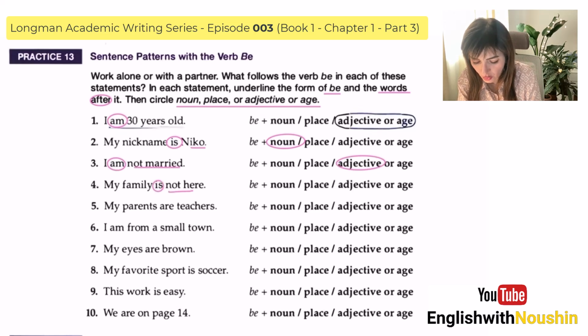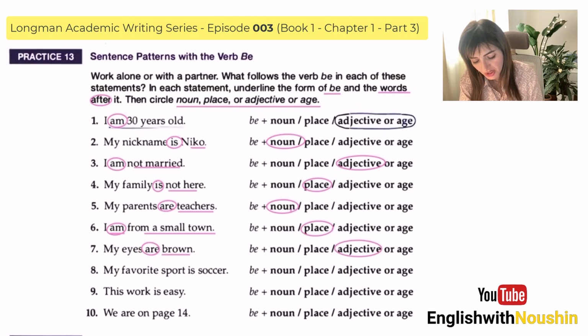Is and not here is a place. My parents are teachers. Are and teachers. Noun. I am from a small town. Am from a small town. Place. My eyes are brown. Are and brown. Brown is an adjective.